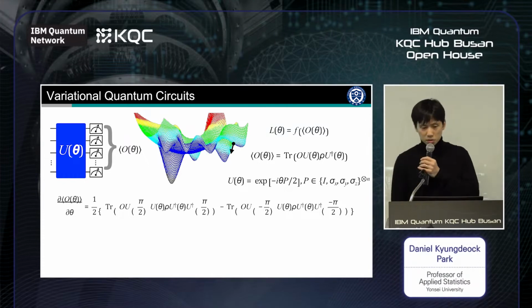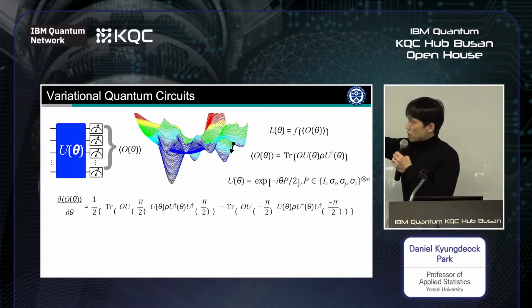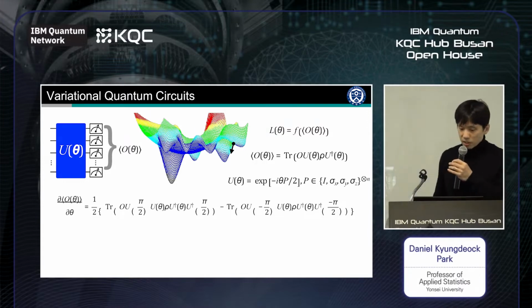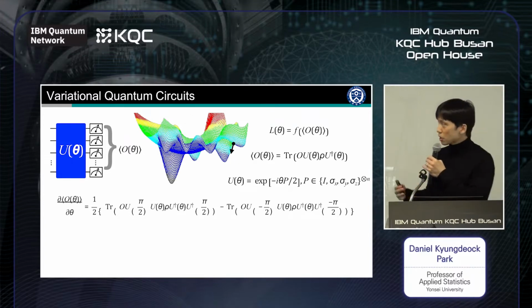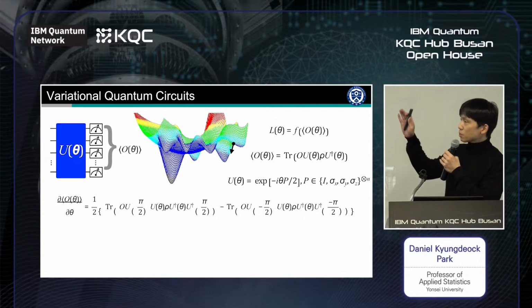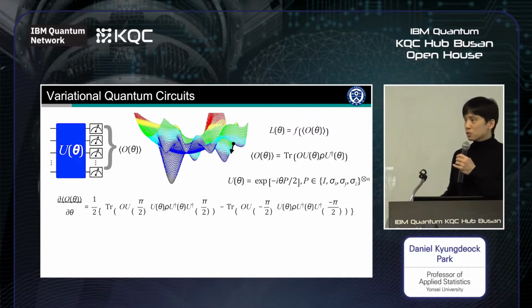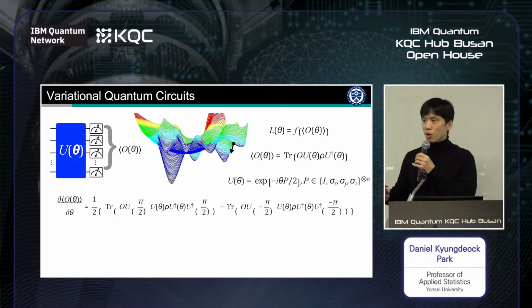set of parameters. And the good news is, basically what this broken equation tells us is that in fact we can compute the gradient of the loss function with respect to the set of parameters using a quantum computer itself. Okay, so that's a really important point. We can not only compute the loss function using a quantum computer, but we can also compute the gradient of the loss function using a quantum computer.